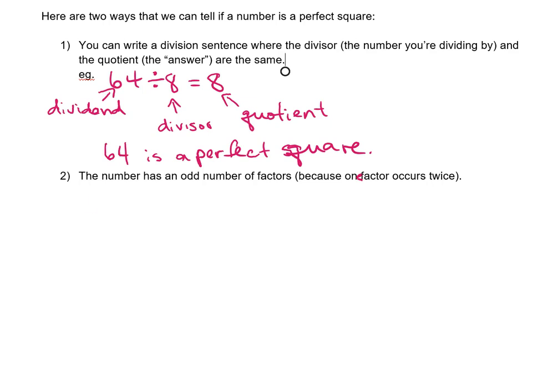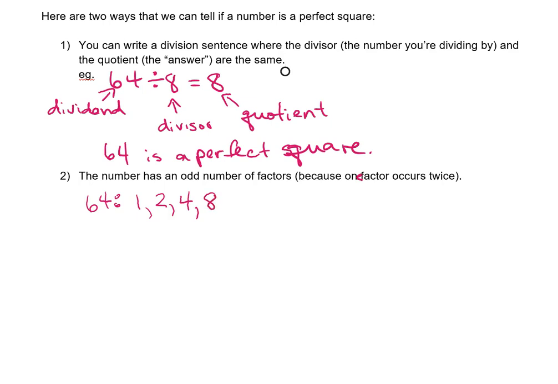So for example, if I want to write all the factors of 64, what numbers go into 64 evenly? Well, 1 does, obviously, because it goes into everything evenly. 2. 3 doesn't. 4 does. 5 doesn't. If 3 doesn't, then 6 can't, because 3 is a factor of 6. 7 doesn't. 8 does.